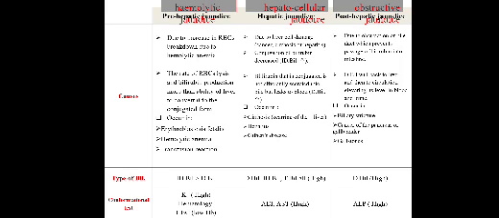Then hepatitis itself, then Gilbert disease, which is a type of inherited hyperbilirubinemia. Here direct bilirubin, indirect bilirubin, and total bilirubin are all high. So in this hepatocellular condition, the conjugated bilirubin level is high, the unconjugated bilirubin level is high, and total bilirubin is high.